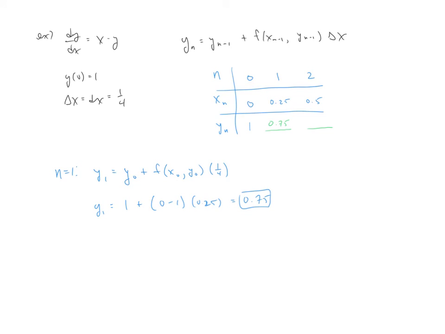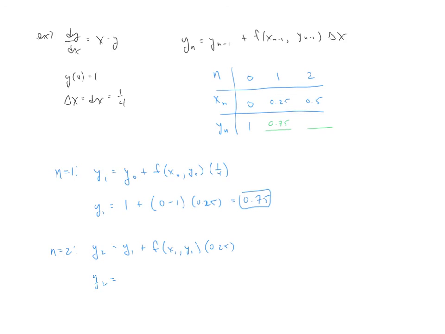Okay, so now we'll go down to n equals 2. This will be y sub 2 equals y sub 1 plus f of x sub 1, y sub 1 times 0.25. So again, I went ahead now, and when I plugged my 2 in, there's my 2, there's my 1, and my 1. I'll go ahead a little further now.